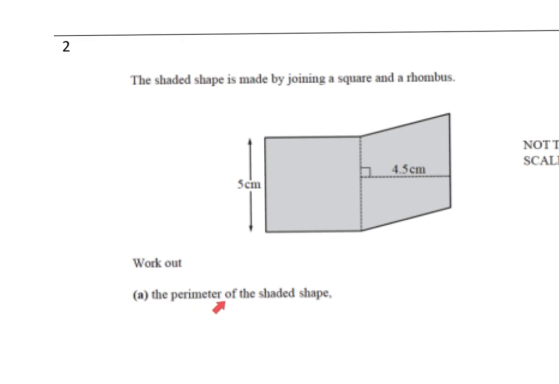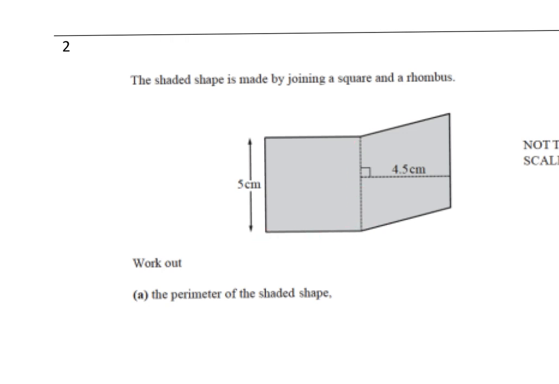Next one, number 2. I need the perimeter of the shaded region. We have a square and we have a rhombus. Remember, in a rhombus all sides are equal, the same as a square. How to find the perimeter for this shape? And you have to know that the perimeter is the distance around the shape, so we cannot include the inner sides.